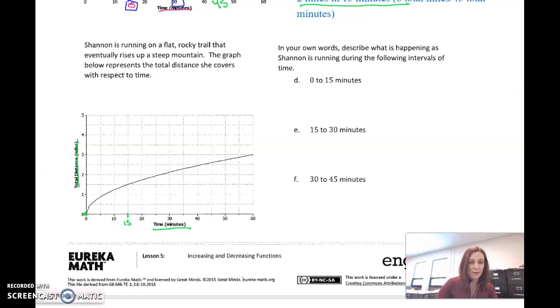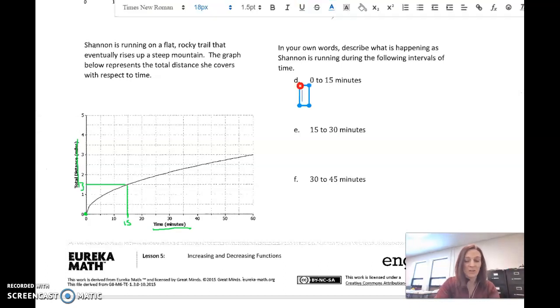Okay. Well, from 0 to 15, it looks like she is going to cover 3 miles, right? So we can say Shannon runs, I'm sorry, that's not 3.